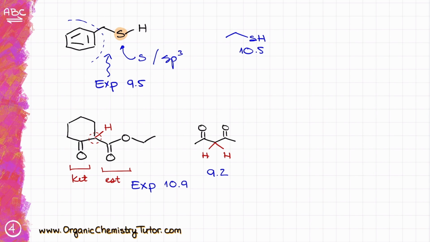So if your instructor provides you with a specific pKa table, make sure that you become very familiar with that table, because you will see that numbers can change slightly from one table to another, because different pKa tables have different points of reference from where they took those numbers. So don't be scared that the number for the seemingly same molecule can vary a little bit from table to table. That's quite natural based on how exactly those numbers were measured.